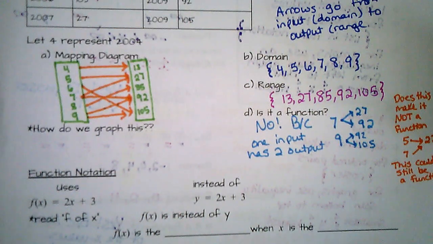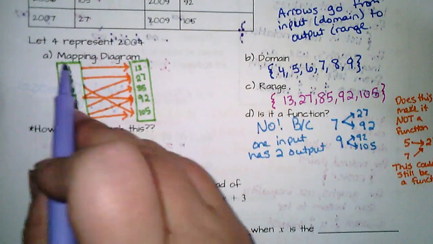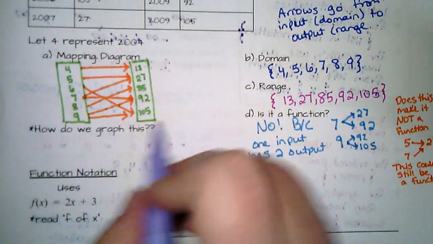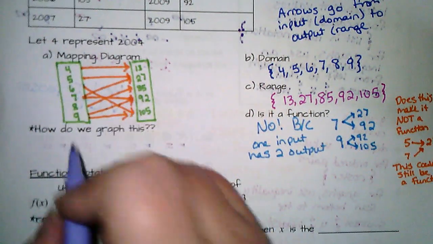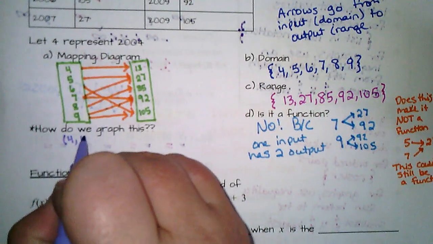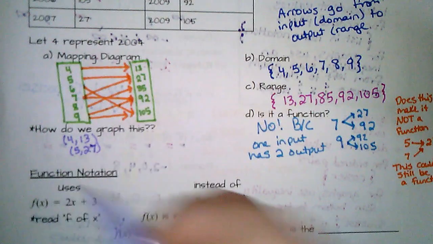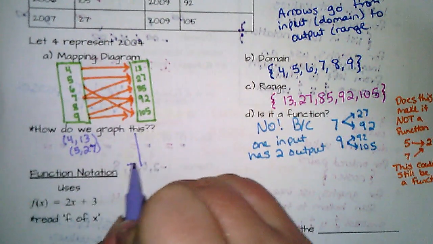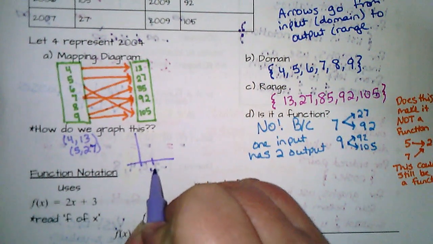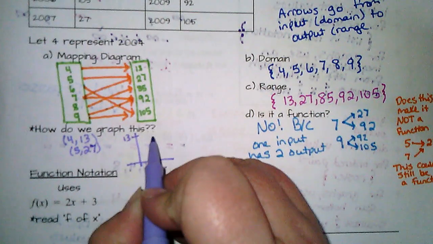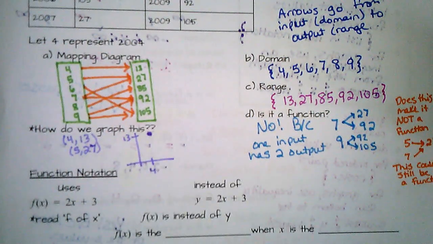Okay, so real quick, how do we graph this? If I was going to graph these, my ordered pair would be 4, 13. I would graph 4, 13. I would graph 5, 27, etc., etc. So I'm only going to graph this one. So if I go over 4 and up 13, and then I'd put a dot there.